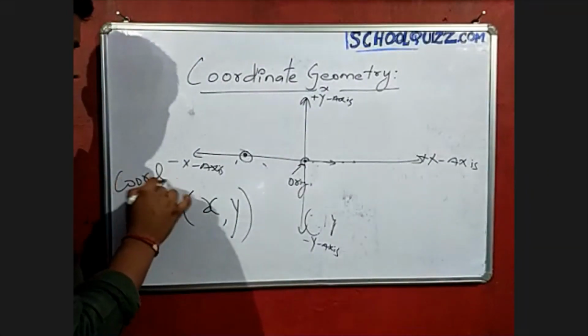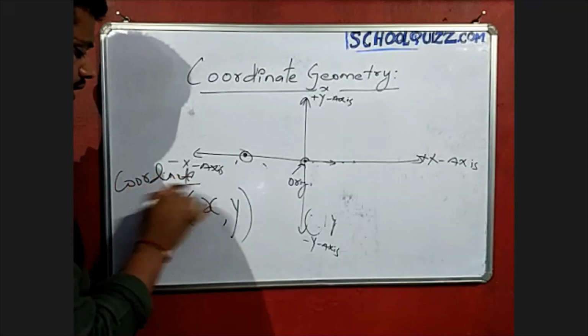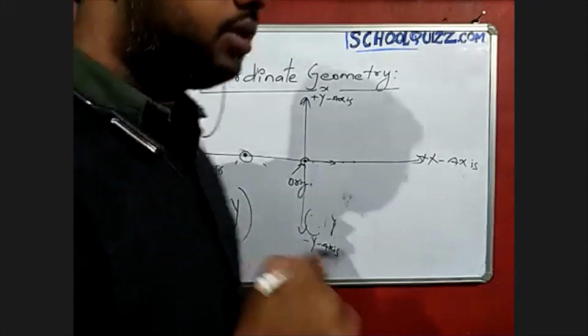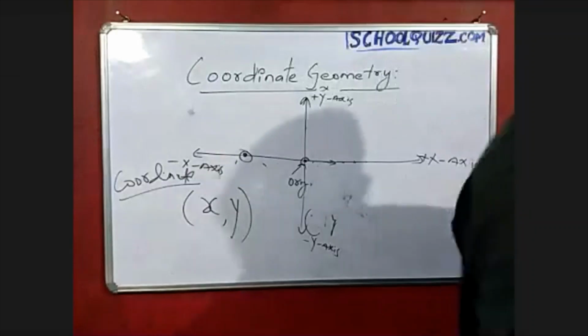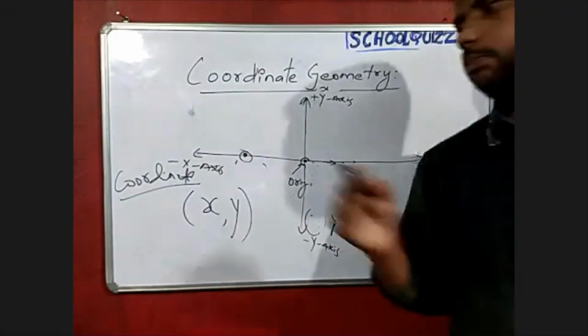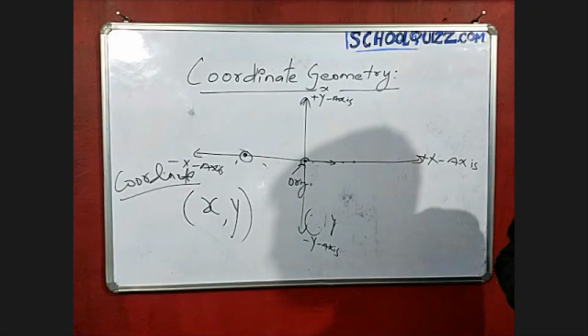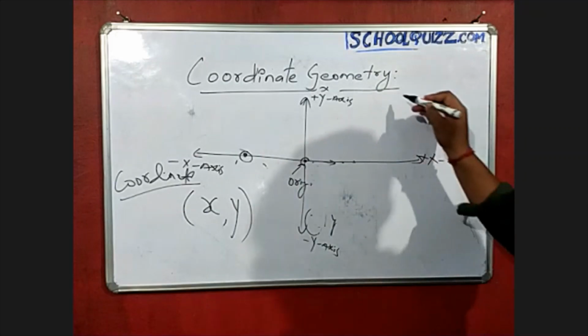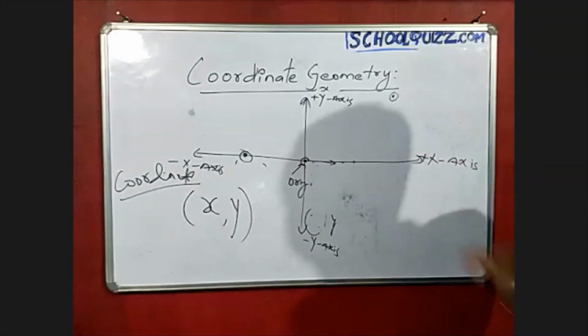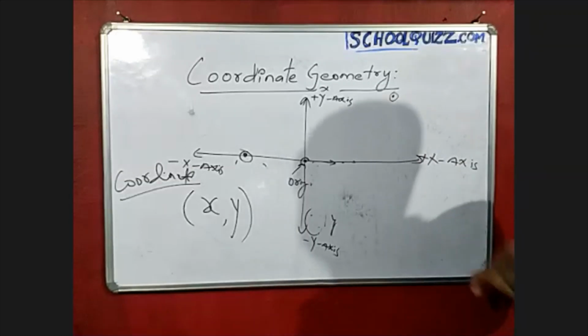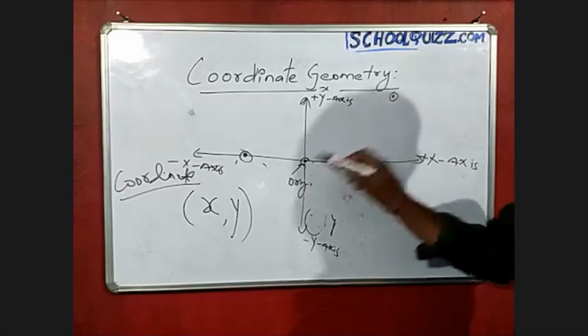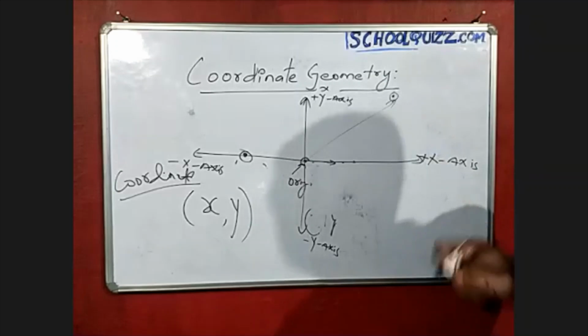As we know, Google Maps and all the maps we use today are totally based on applications of coordinate geometry. If you know the coordinates exactly, you can reach a point without measuring things.